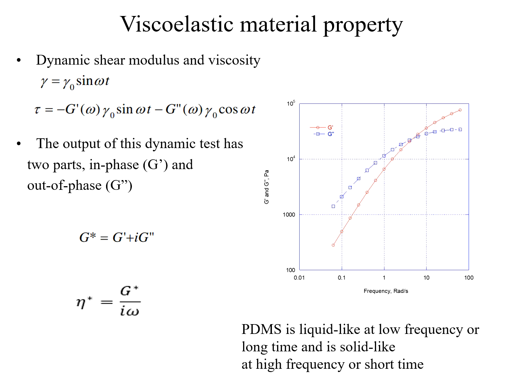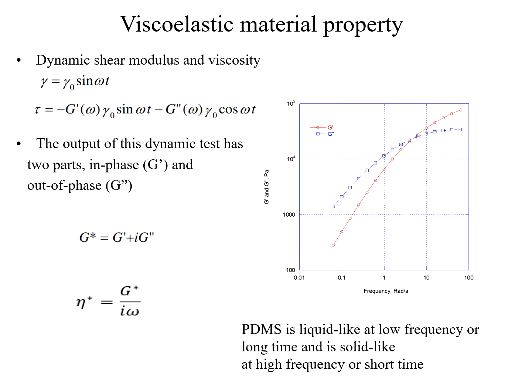The G star is equal to G prime plus i G double prime. Dynamic complex viscosity eta star is equal to G star over i omega, the angular velocity.